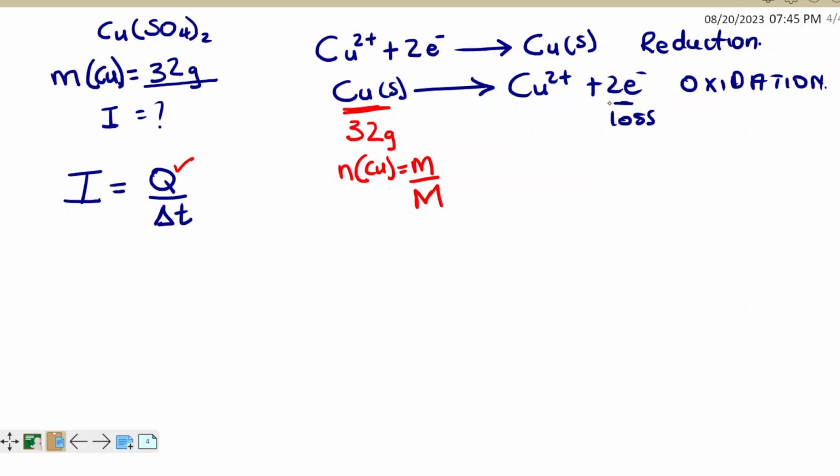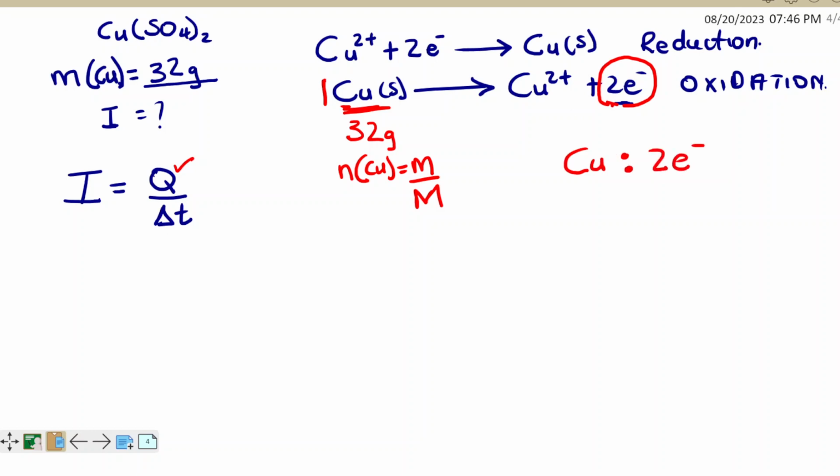But how do you find now the number of moles of this electron? So what you need to do here, you need to just use your ratio. What is the ratio between the copper and the electrons? The ratio here is 1:2. You have the copper, you have 2 electrons.